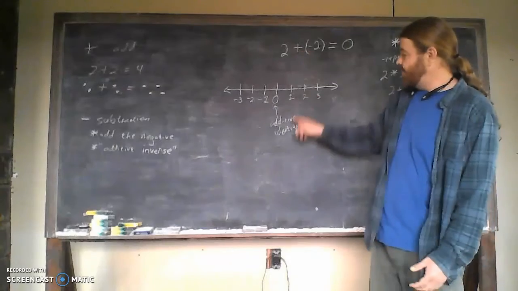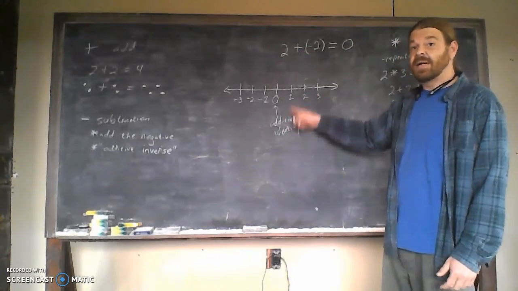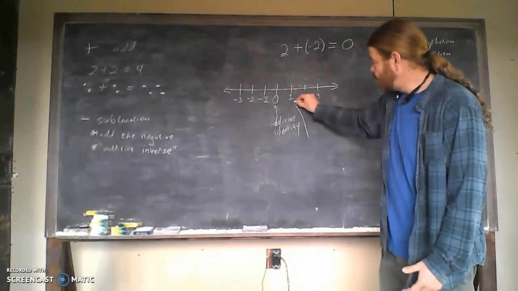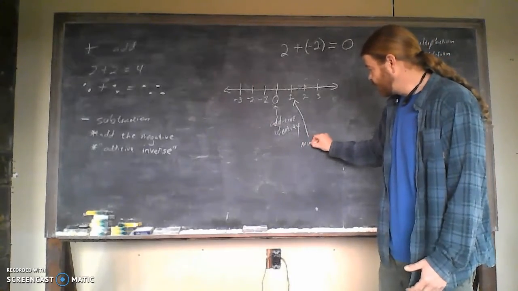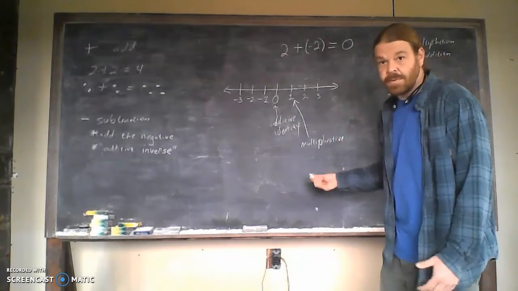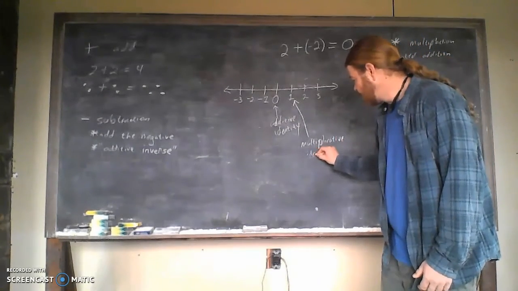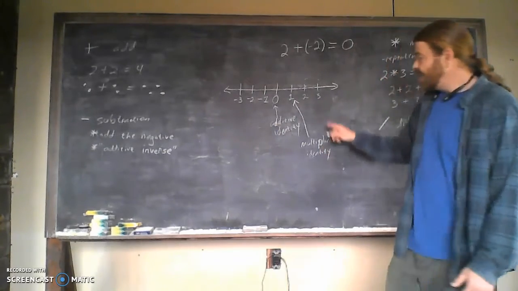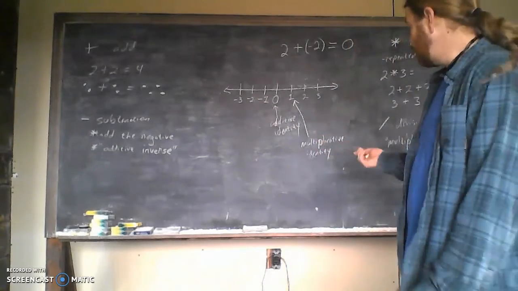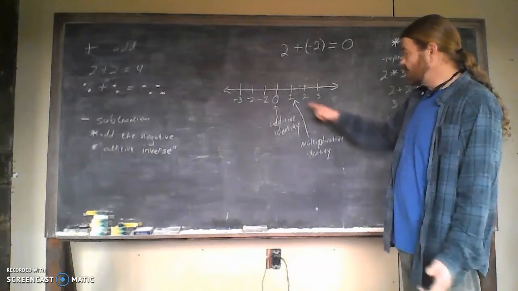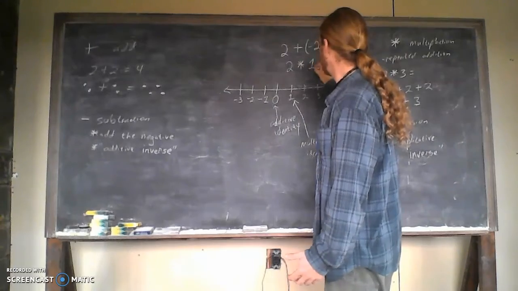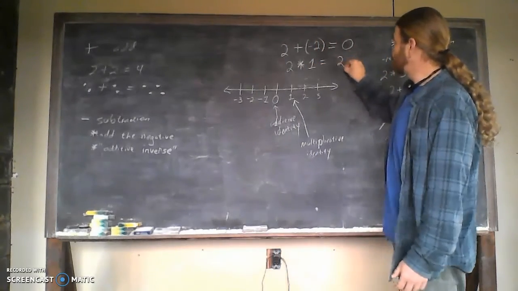It's just like our additive inverse, our additive identity is the number that doesn't change anything when we add. Well, we also have a multiplicative identity, right? And that's the number that doesn't change anything when we multiply, which is going to be a 1, right? 2 times 1 still equals 2.